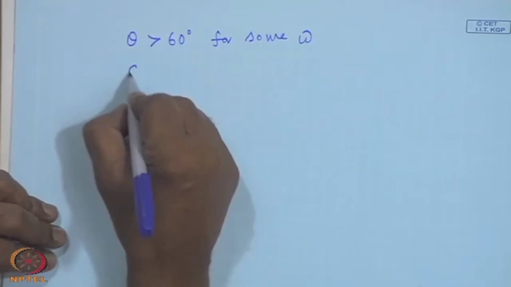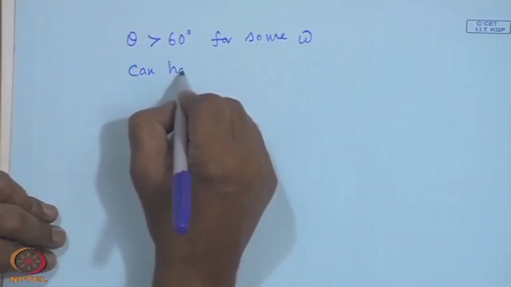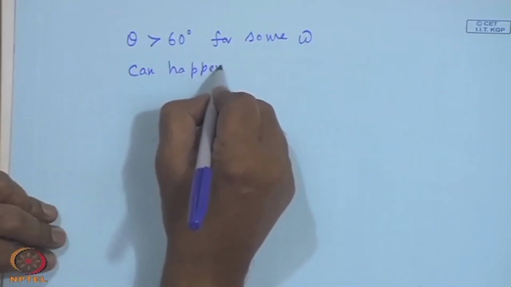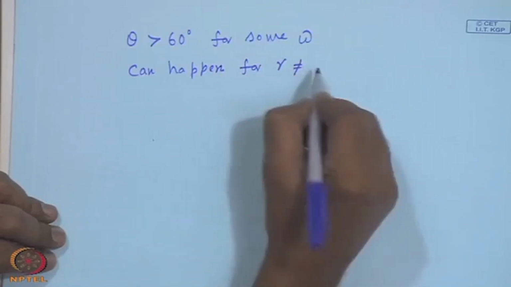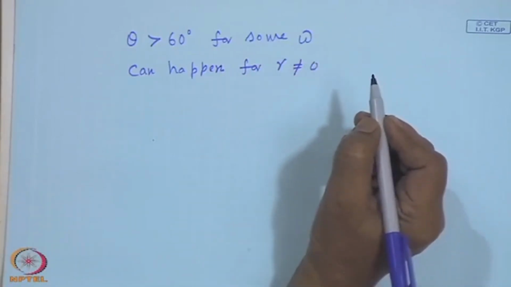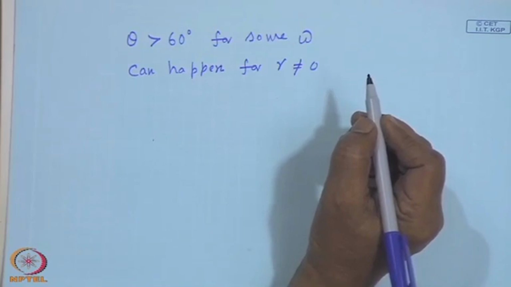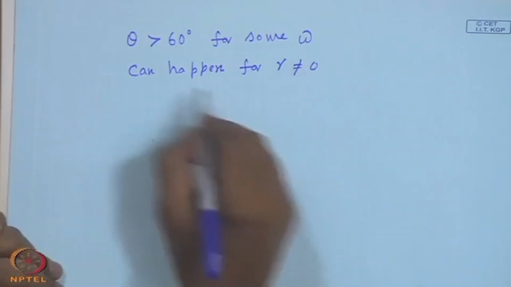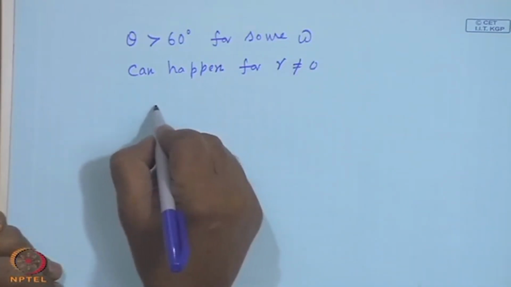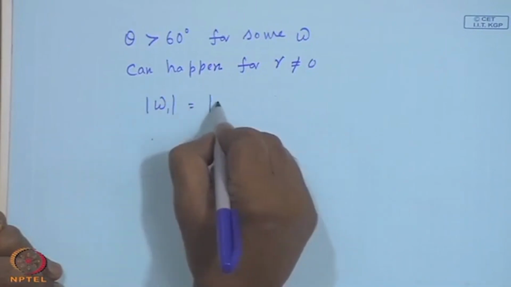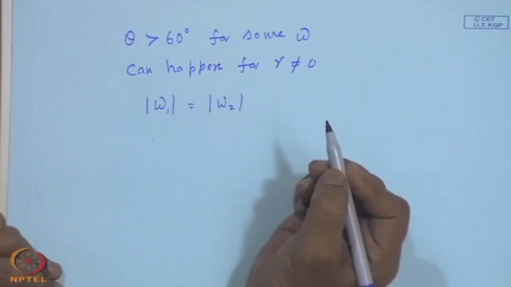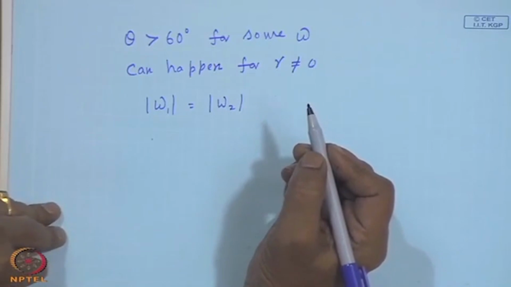This can happen for gamma not equal to 0 also. If gamma is 0, this mod omega 1 should be equal to mod omega 2, otherwise they differ.